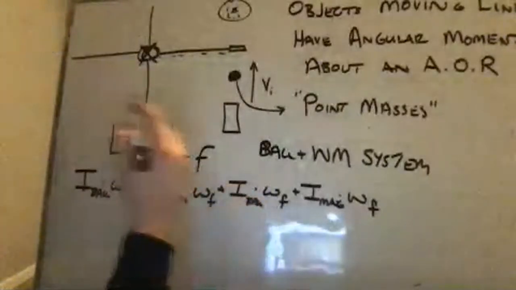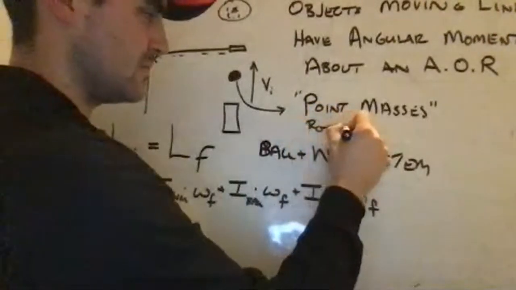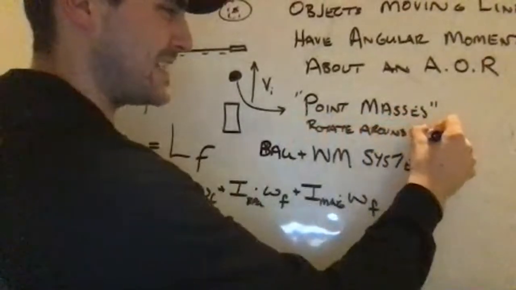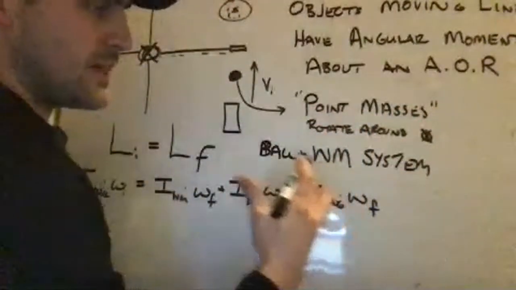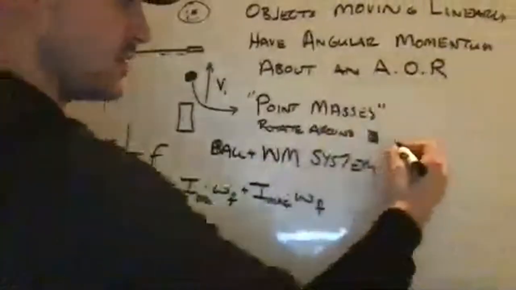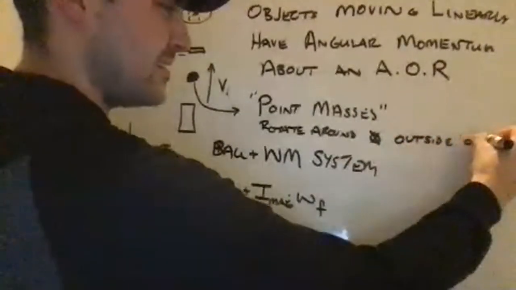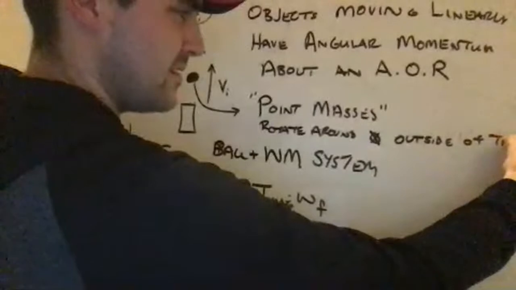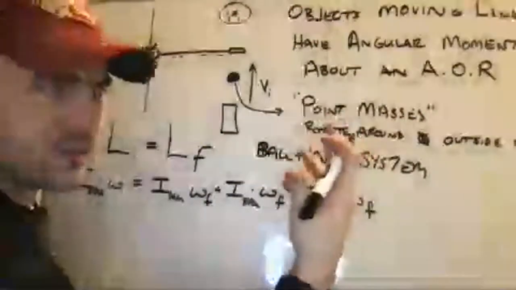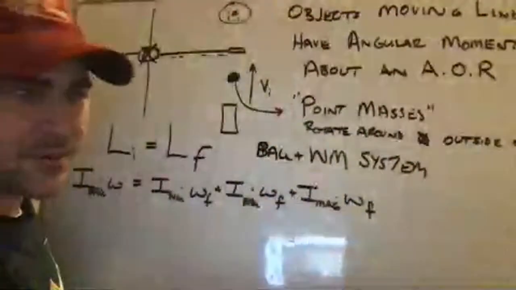Point masses are just objects that rotate around an axis of rotation that is located outside of their physical space. For example, if you sit on your chair and spin around, your axis of rotation goes right to the top of your head.